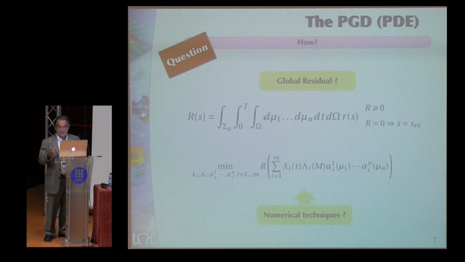So now we arrive at the PGD, proper generalized decomposition. The characteristic of the PGD is to introduce a global residual over this big space that you have here: the classical space, the time interval, and the parameter space. The problem then becomes to minimize this global residual, introducing this approximation, where we have a finite sum of products of a function of time, a function of the space variable, and a function of the parameter.